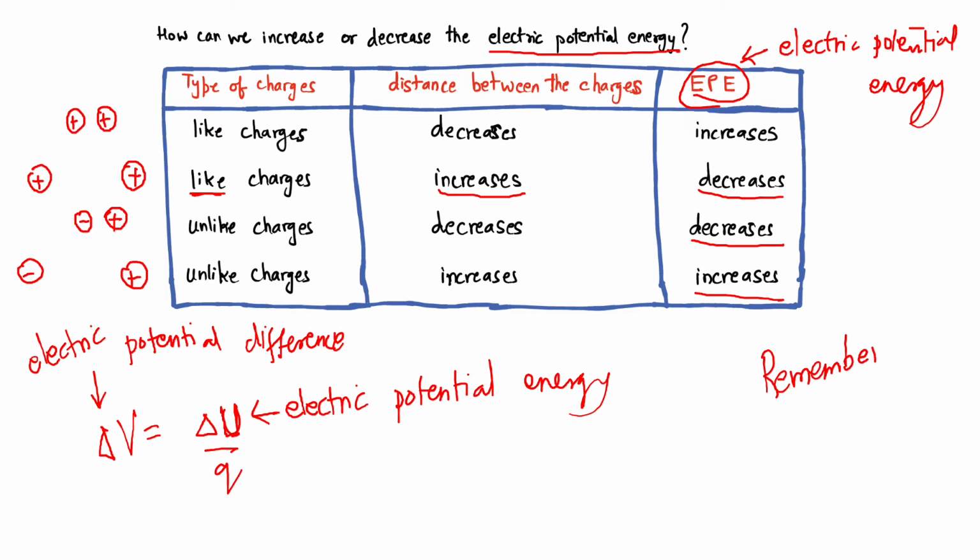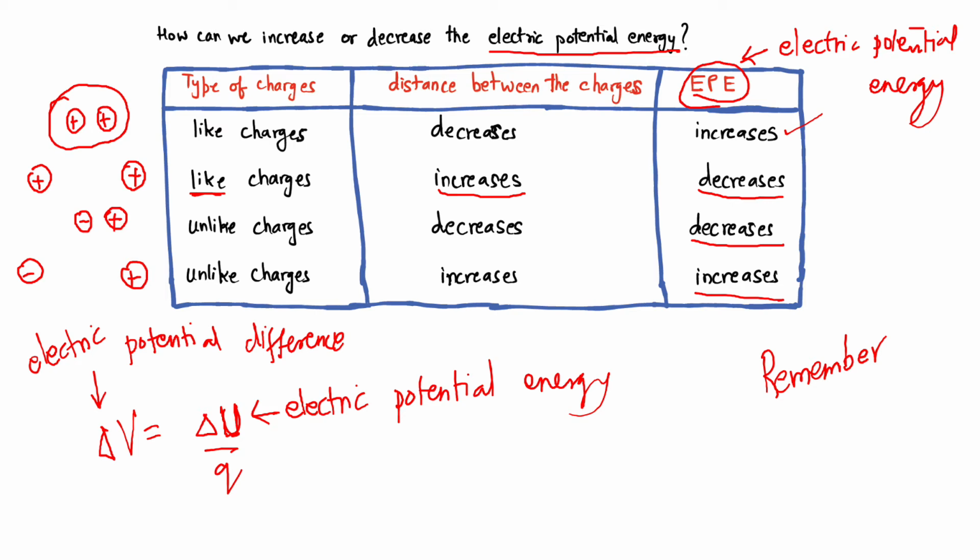You can actually think about it like this: if you bring like charges closer to each other, they are going to repel. So if you have to keep them together, you have to spend more energy to keep them together. So if you want to keep two positive charges together, you have to spend more energy, and therefore the electric potential energy will increase.